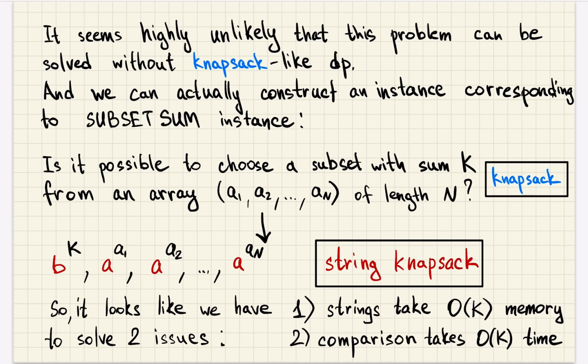And well, we can't just forget about strings, but we can construct an instance corresponding to a subset sum instance. So if we are given a subset sum, or some variation of knapsack instance like this, given an array of weights, the question is: is it possible to choose a subset with sum exactly k? That's the subset sum problem.